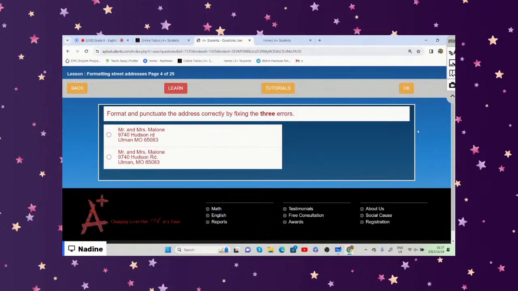And if we look at the second one, right? The second one is correct because even if you look at the last sentence, if we were to fix road, it's capital letter R and D and the point. And then here by the last word, Ullman, comma, MO, and then the zip code.